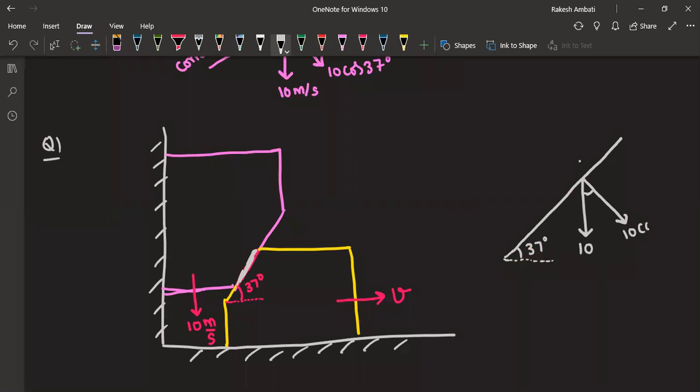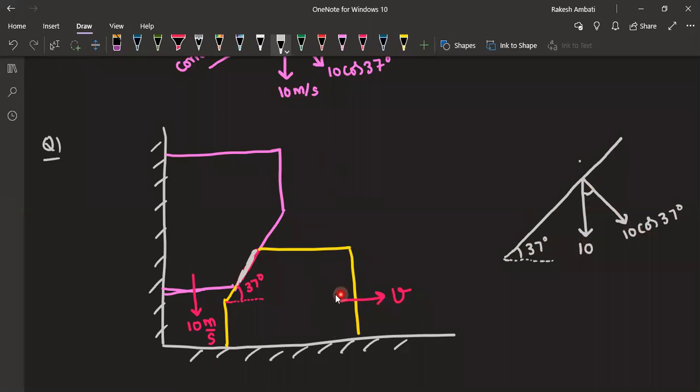For this contact surface, this is the normal. Along this normal, we have one velocity component, and this component is 10 cos 37 degrees.